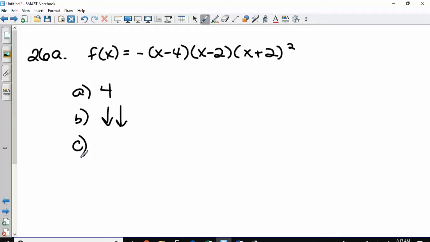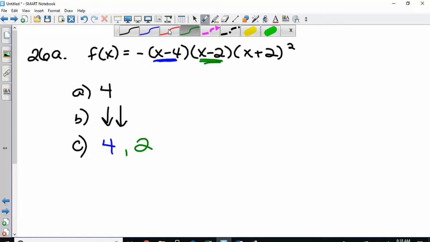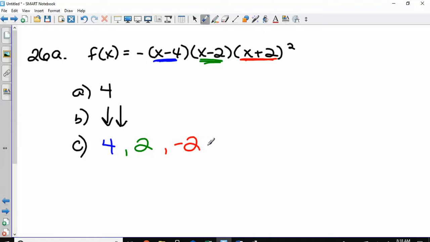Okay, the zeros. That comes from setting each of these parentheses equal to 0. So what makes x minus 4 equal 0? What makes x minus 2 equal 0? What about x plus 2? And that would be a multiplicity of 2 because of the square.